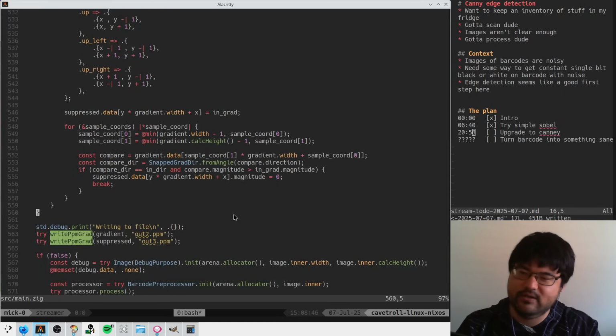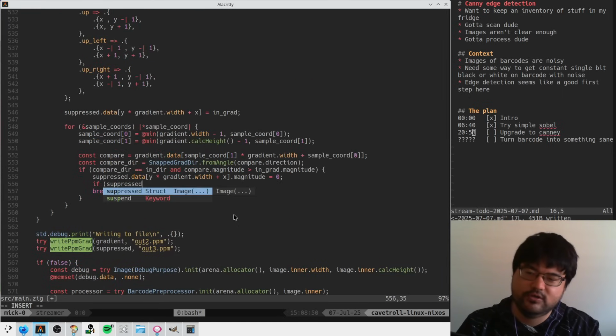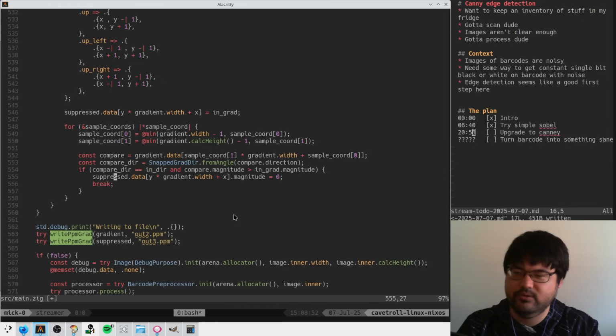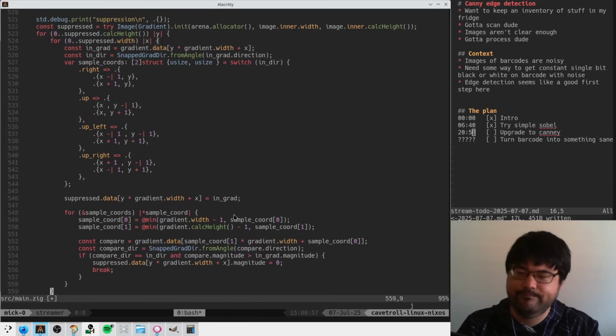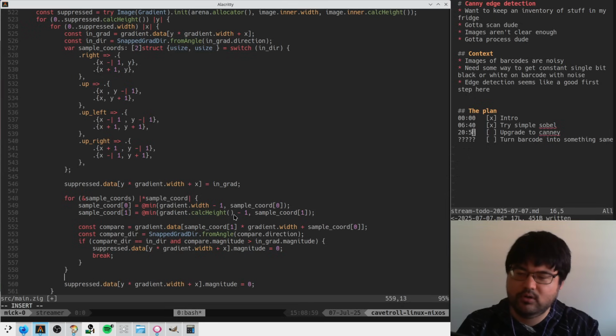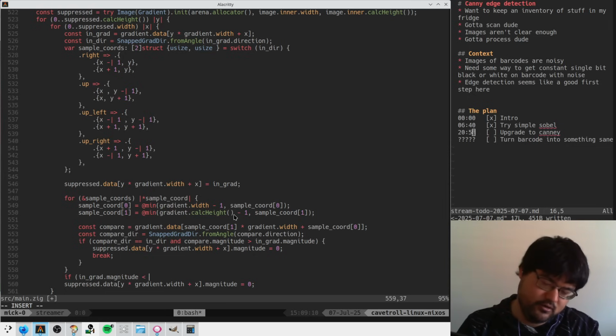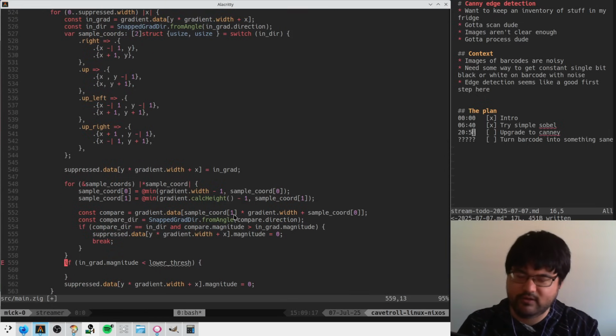So can we just say, if suppressed, we also want to do: if in gradient magnitude is less than lower thresh, we just nuke that.